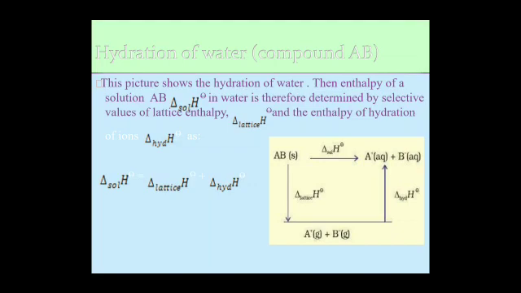The enthalpy of solution, that is AB, delta solution H in water, is therefore determined by the selective value of lattice enthalpy, delta lattice H, and the enthalpy of hydration. Whatever path there is, it will depend only on the initial state and final state. So delta solution H is equal to delta lattice H plus delta hydration H.